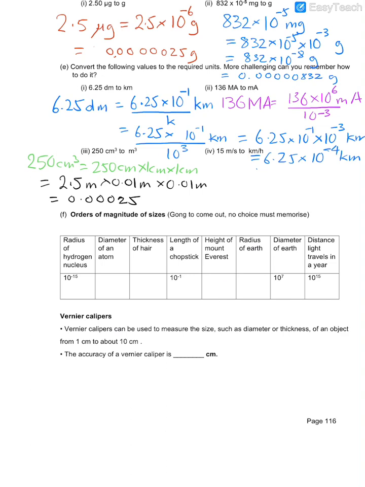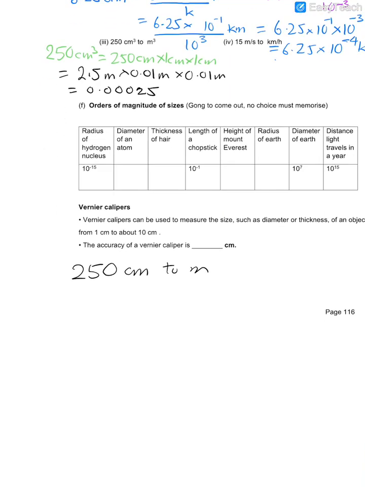But I just thought the answer is 2.5 meter cube. No, it's not, because this is cm cube to meter cube. If I'm asking you 250 cm to meter, then you divide by 100, you get 2.5 meter, correct.